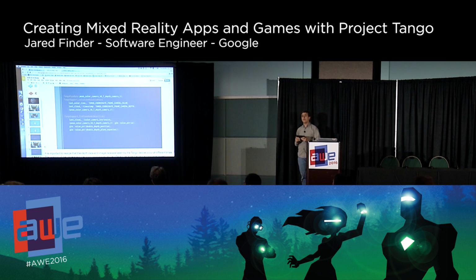Now, a little detail that goes on here, that if you don't think about it at first you might not even realize, is that the Tango device is moving around as you are capturing all this data. And so the position of the camera image and the position of the point clouds, where the device was, is actually different.